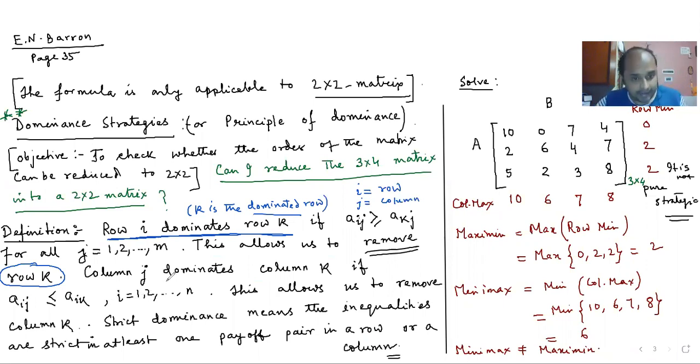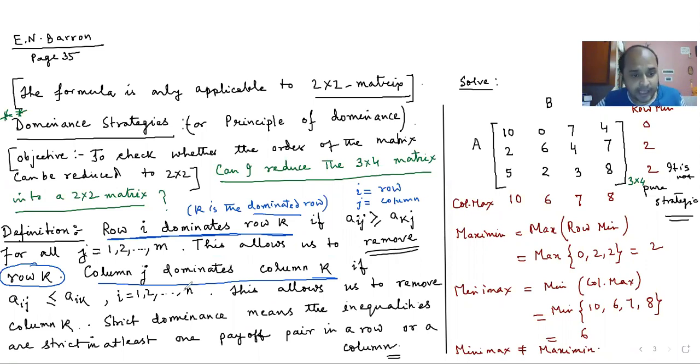Okay, and in case of columns, column j dominates column k. Suppose in a particular column, all the values of that column are less than those of another column. When will this happen?